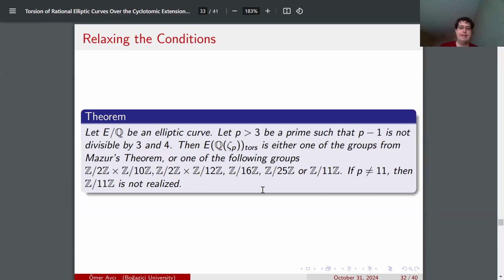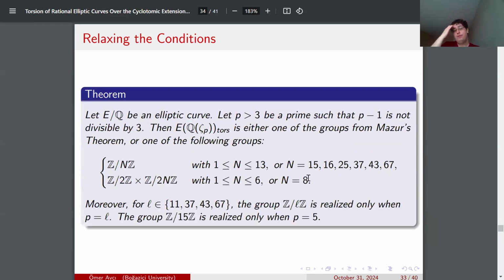I won't go into detail. So if you remove not divisible by 5, for example, now some new groups appear, modulo 25 and modulo 11, but modulo 11 is only realized when P is 11. So if you only put that P minus 1 is not divisible by 3, then the list gets a little bit longer.